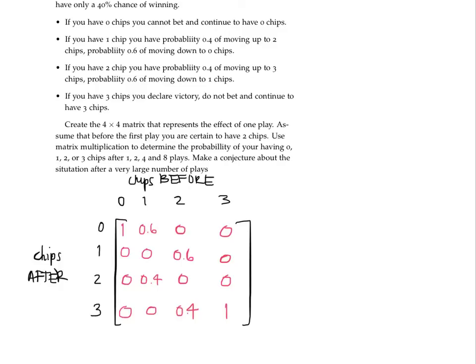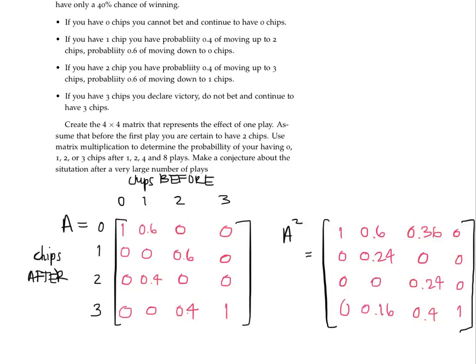Well, all we have to do is square this matrix and then look in the same column. I've used Wolfram Alpha to square this matrix because I am just too delicate to have to do it out by hand. And here's what the column that is the 3rd column, which corresponds to 2 chips, looks like. So this is A squared, and we're still looking at this particular column that's going to tell us the probability of each occurrence.